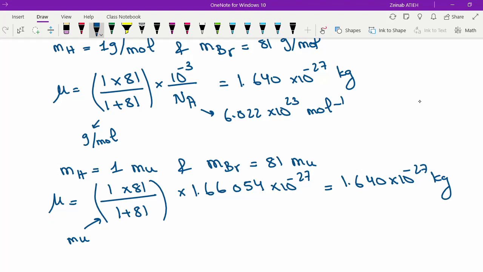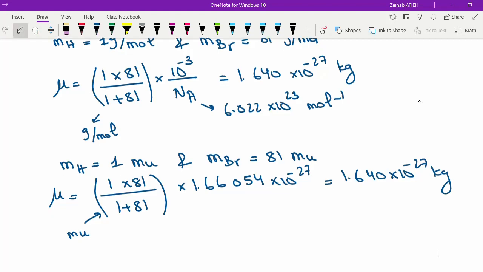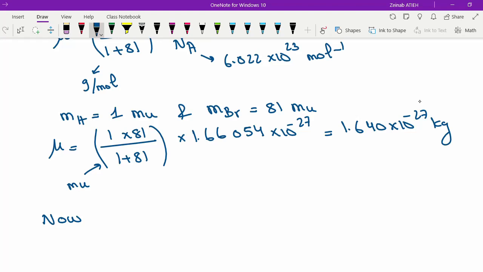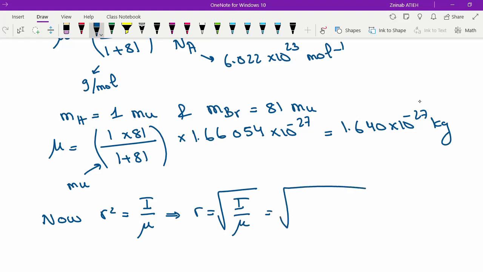So now after finding mu, we have I. Now r squared equals I over mu, which implies R equals radical I over mu. I is already calculated, 3.304558. So take numbers as much as you can always.